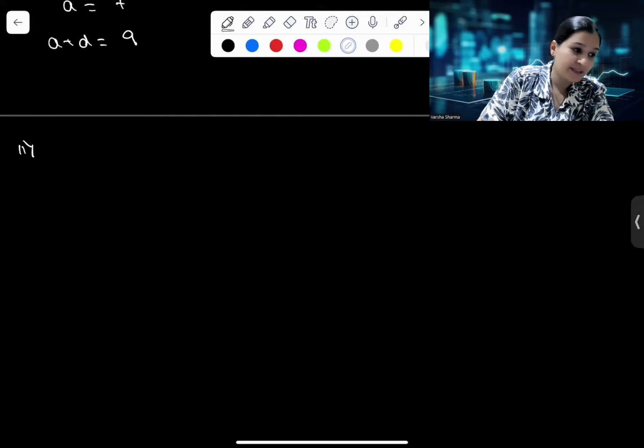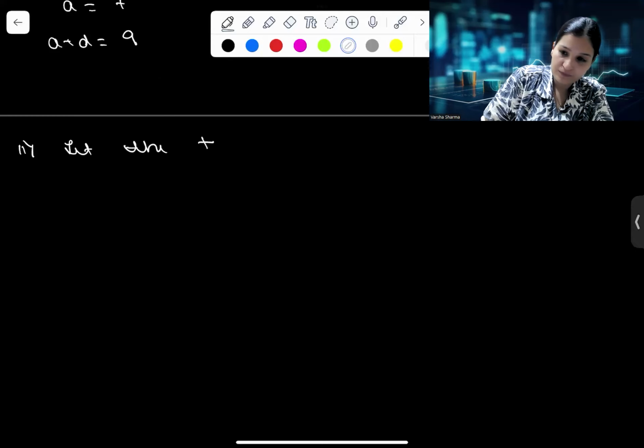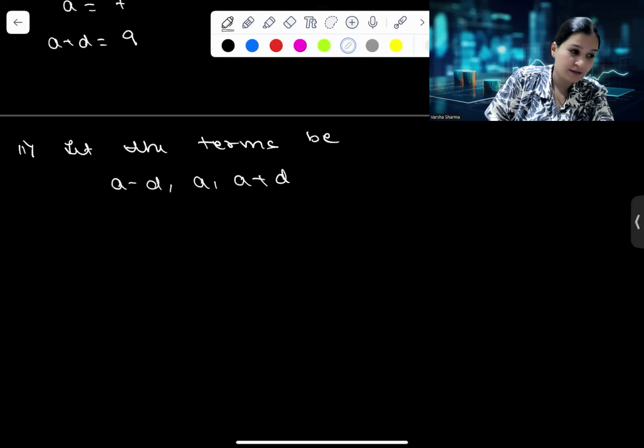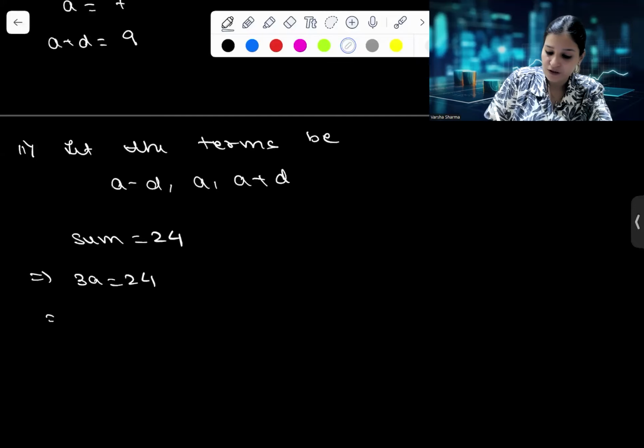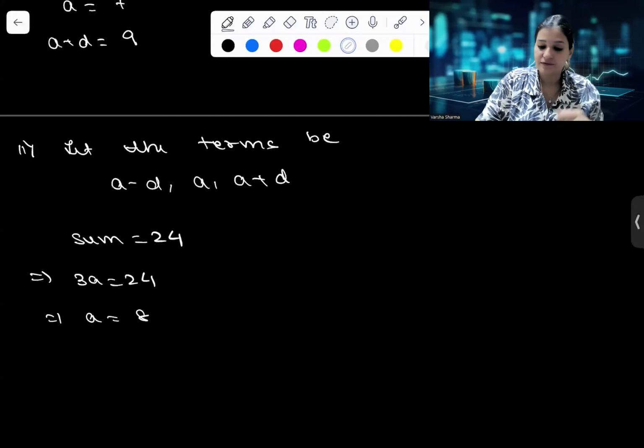Number 2. Again, three terms. So let the terms be A minus D, A, A plus D. One of the conditions is the sum, 24. If I add all the three, I'll get thrice A, so A would be 8.